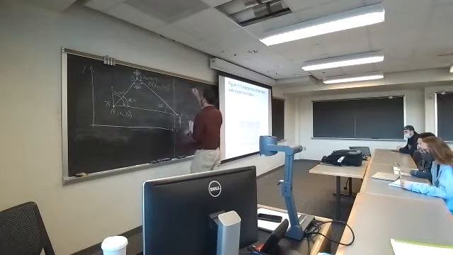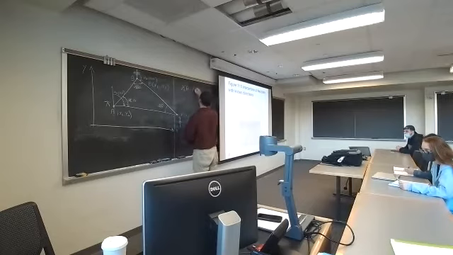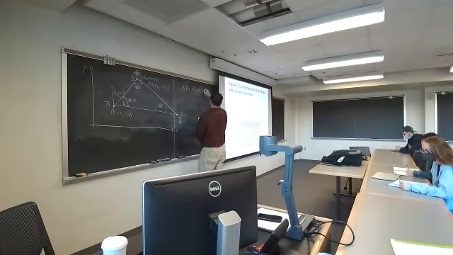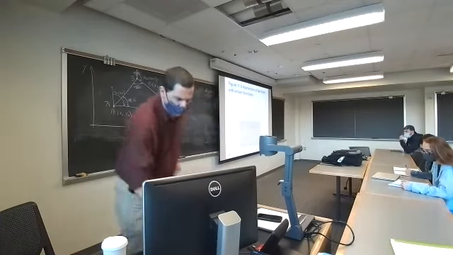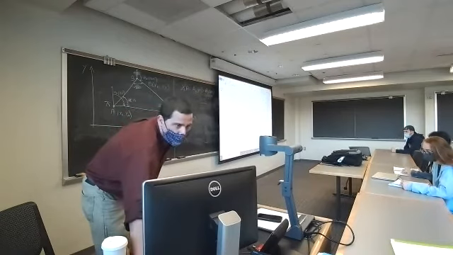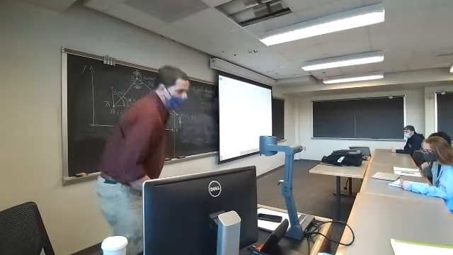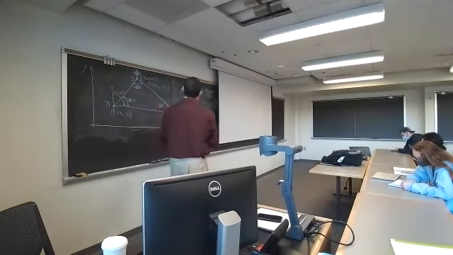Okay. So now, if I want to know angle A, angle A is going to be the azimuth from A to P minus the azimuth A to B. Everyone follow that?